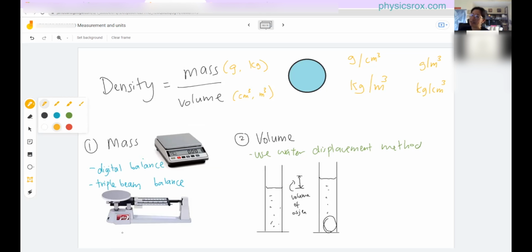It's just that we don't normally use it. This one is not common, so when we do questions, you won't see this. These ones are what we always normally use. Okay. Any questions? Can follow?